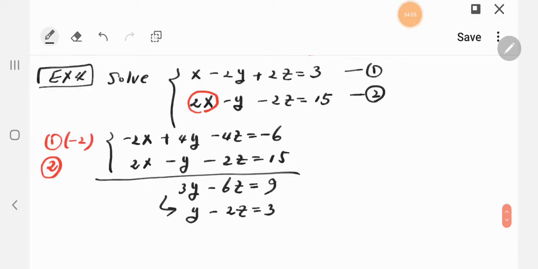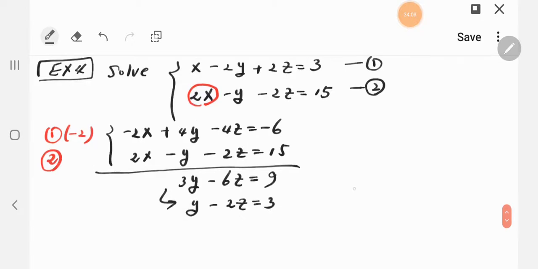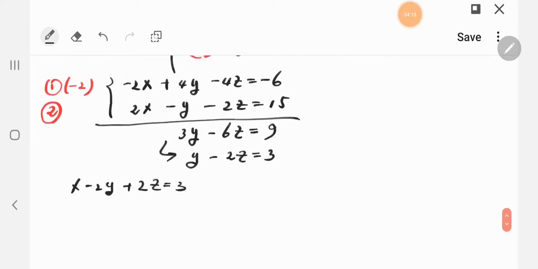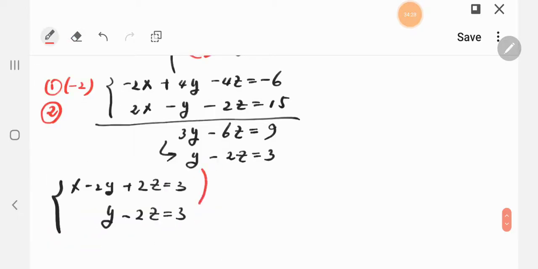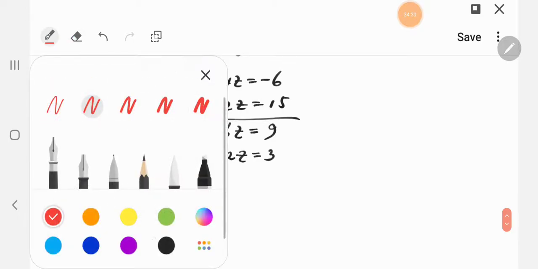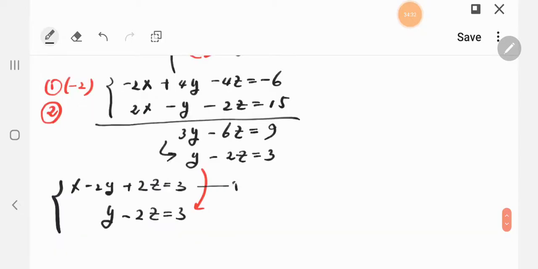So we can replace the second equation with this. The first equation is x minus 2y plus 2z is equal to 3, and the second equation will be replaced by this. Let's say this is equation 3.